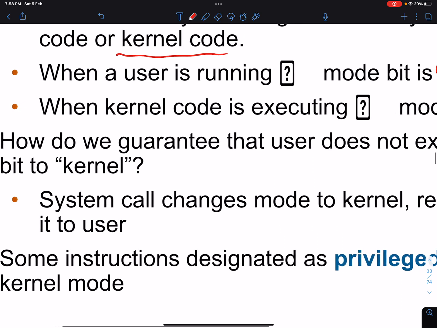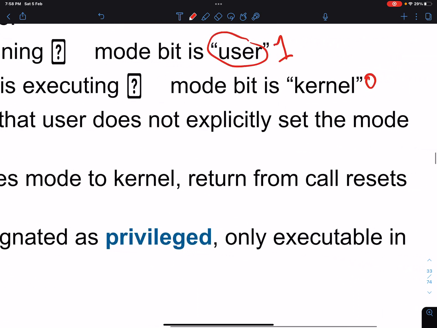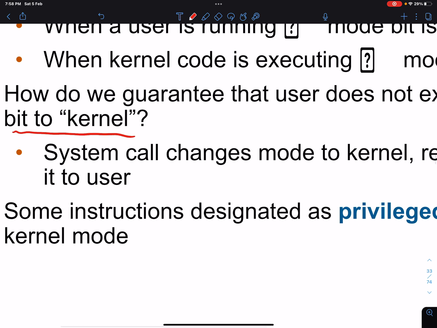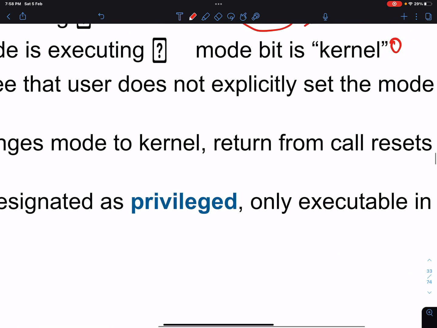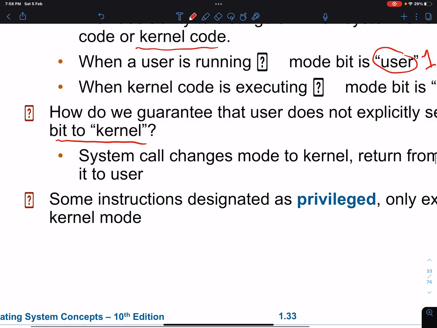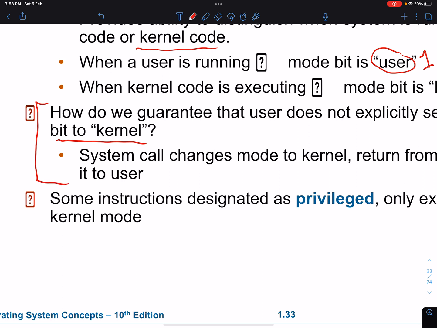How do we guarantee that the user does not explicitly set the mode bit to kernel? A system call changes the mode to kernel, and return from call resets it. What does it mean? The danger here is for the user to try to hack the kernel by changing the bit to kernel mode while having control.